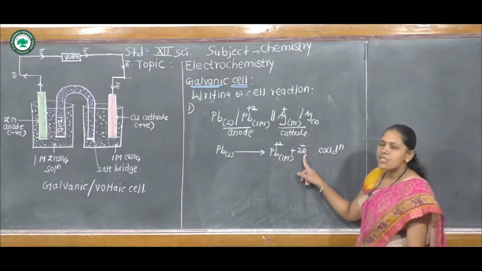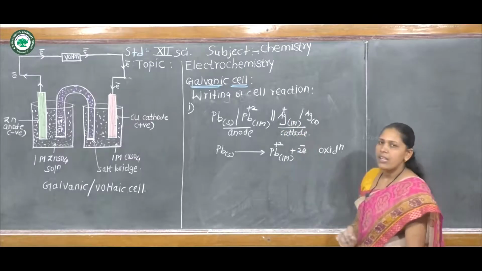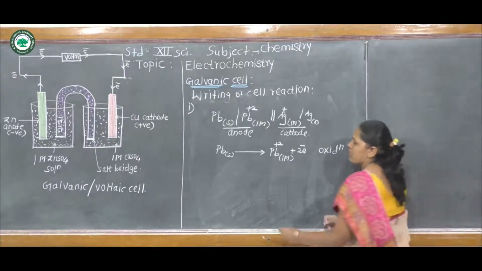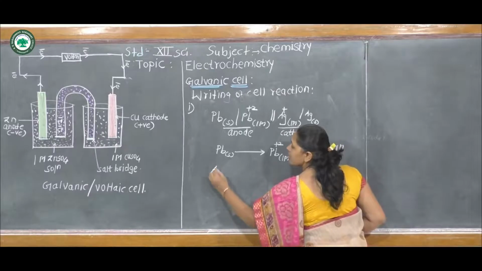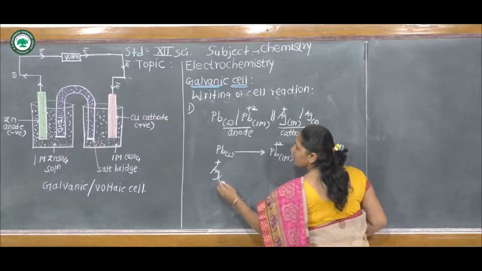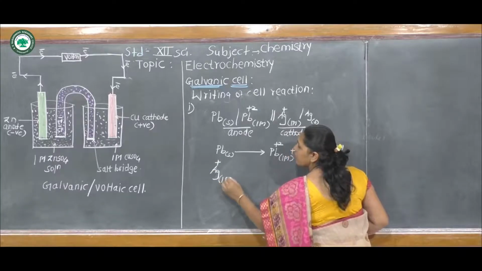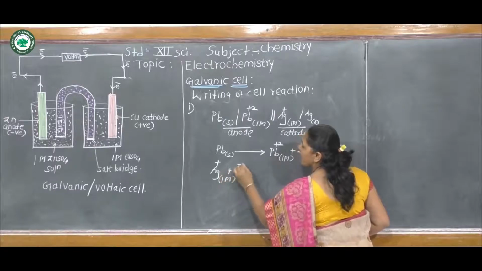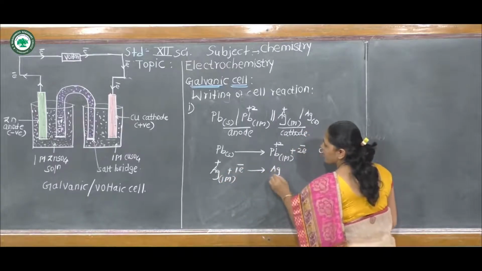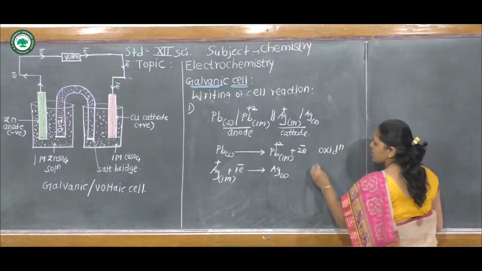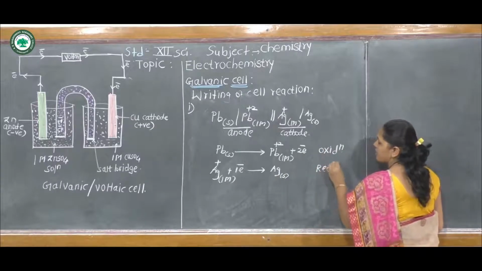Then electrons lost by lead are accepted by silver plus. Silver plus requires only 1 electron to neutralize. This is a reduction half reaction.